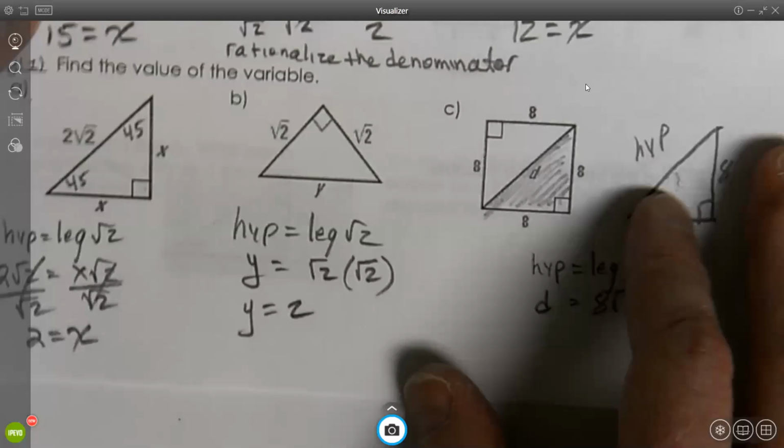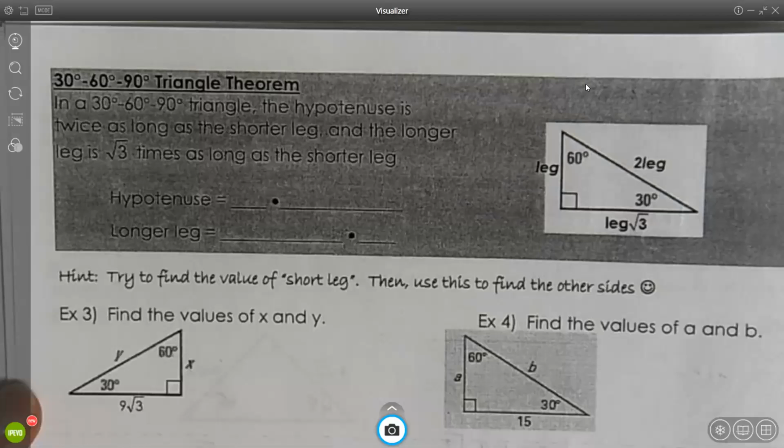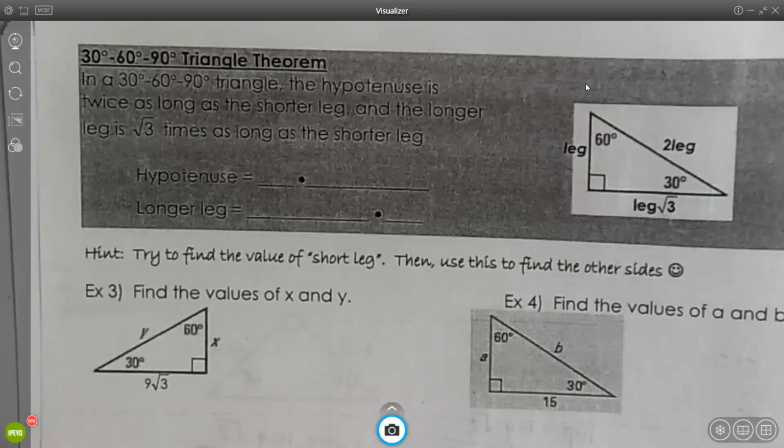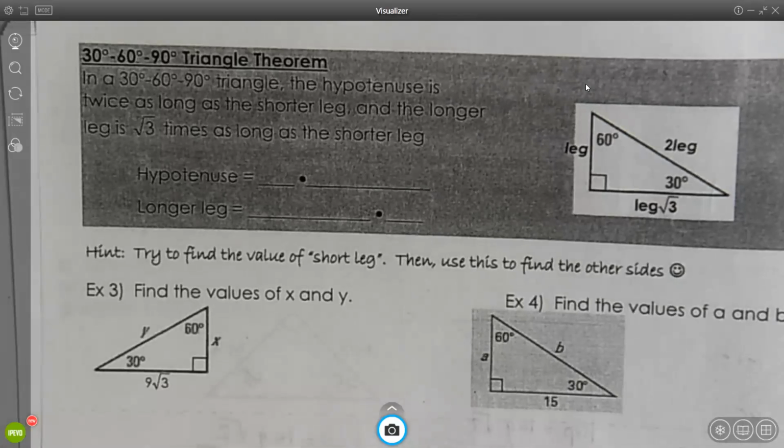All right, on the flip side, we're going to start talking about the 30, 60, 90 triangle. It's another special type of triangle that we can memorize the multiplication between the legs. There's just 2 types that we memorize, the 45, 45, 90 and the 30, 60, 90.